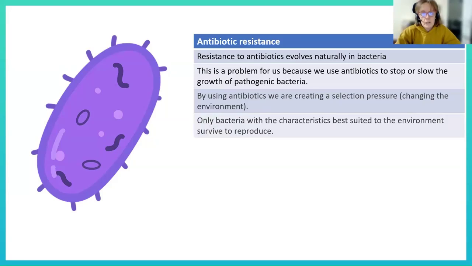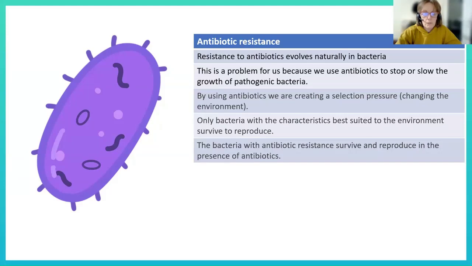So only the bacteria with the characteristics best suited, so the ones that just about survive that antibiotic, will survive and reproduce. And then they will reproduce in the presence of that antibiotic and get more strong. And what happens then is you're producing more and more bacteria that are resistant to that particular antibiotic.